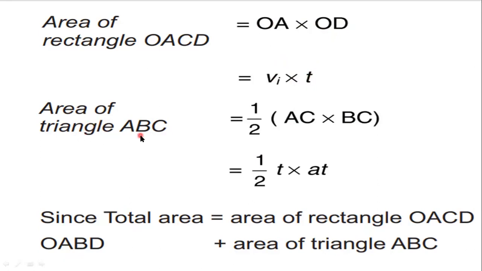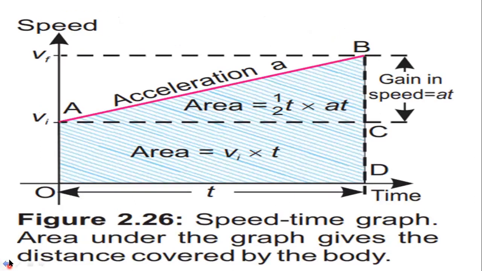The area of triangle ABC, which is the second, triangular figure, is half of AC into BC. You can see that AC is the base and BC is the altitude, or perpendicular. As we know, the area of a right angle triangle is half of the altitude into the base.